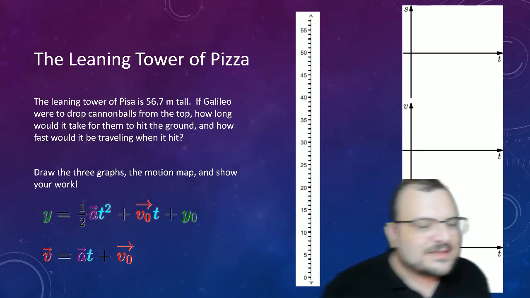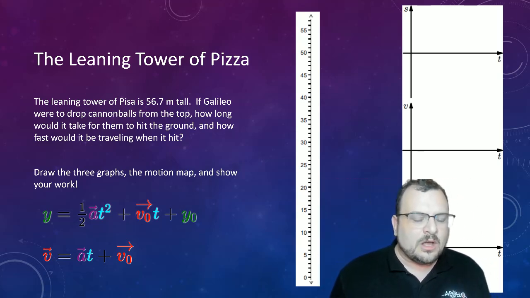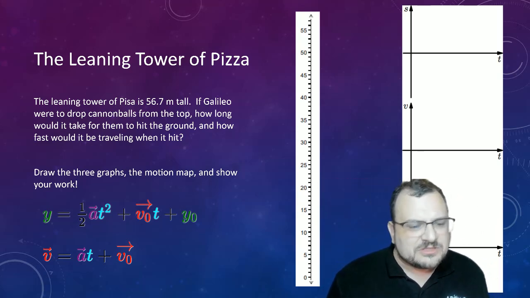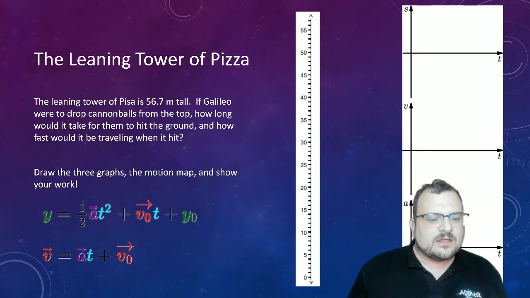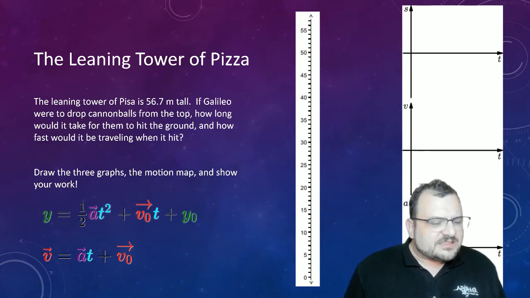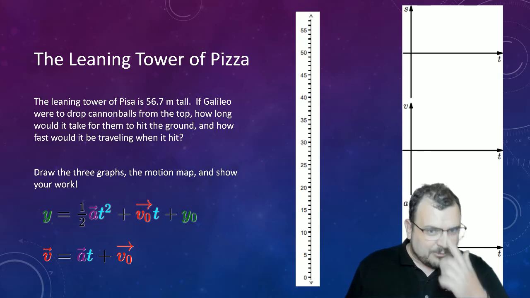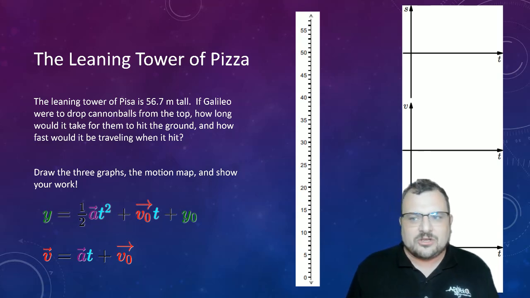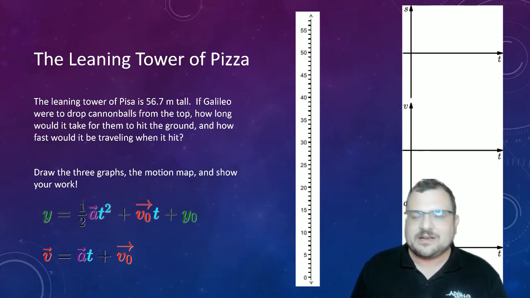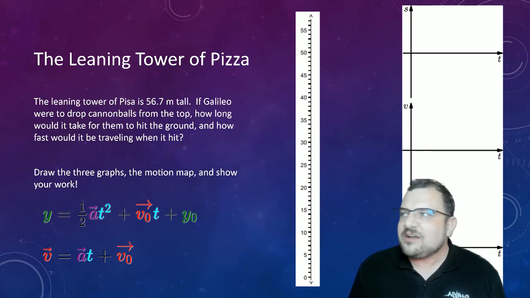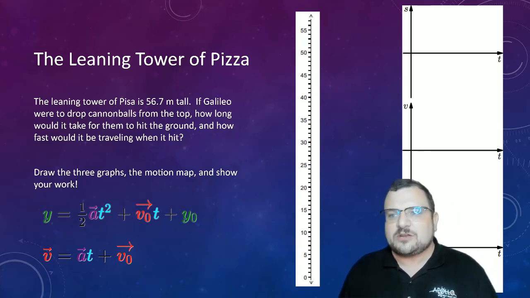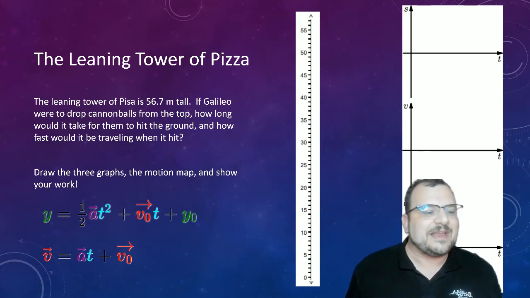So now let's take a moment to do the graphs and the motion map. Let's start with the motion map. You can see that I modified that equation over there a little bit. Rather than displacement, I broke that up into its initial component and its final component. And instead of x, I'm dealing with y because we're going up and down.